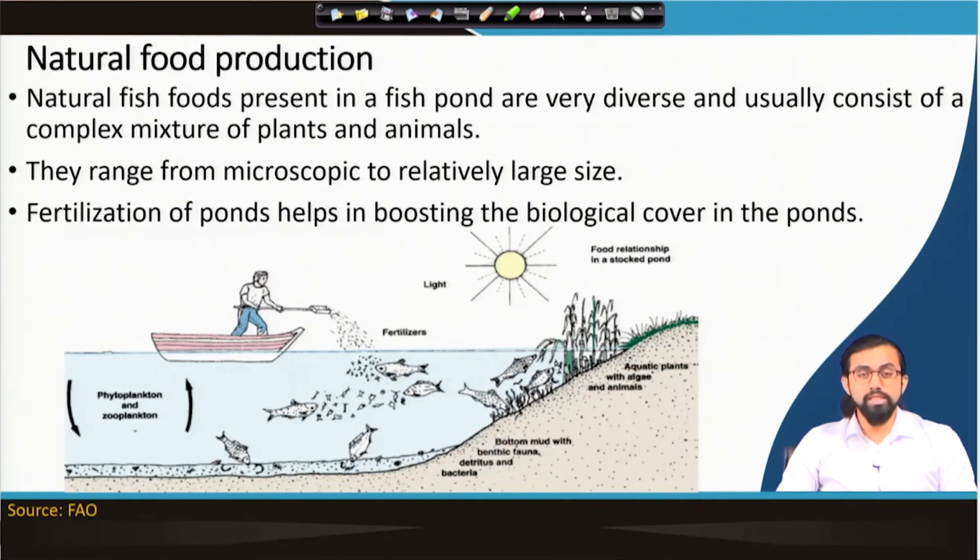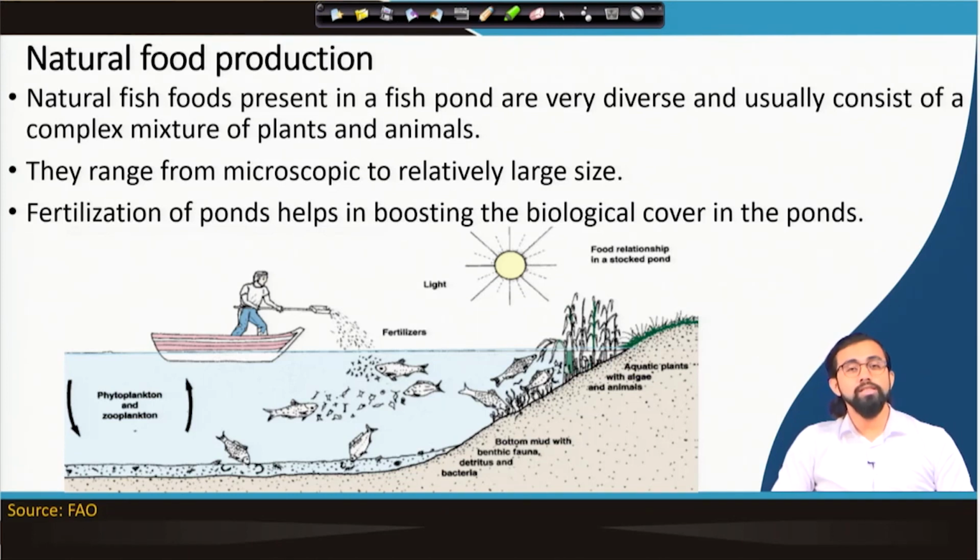As I discussed about natural food production, in general, the natural fish foods present in a fish pond are very diverse, usually consisting of a complex mixture of plants and animals. They range from the microscopic to relatively larger sizes. As for fertilization of ponds, we normally go for it from time to time. It's not that we are introducing a feed or a fish feed to the system; we are actually trying to fertilize the system.